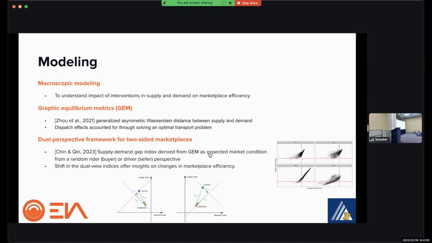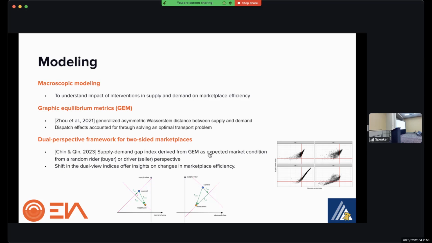So in here, the supply-demand gap index that's derived from GEM, we interpret as expected market conditions from the perspective of a random driver or a random rider. So that provides you a pair of perspectives or indices on the supply-demand gap, and the shift in that dual view of indices offers a lot of insights on changes in marketplace efficiency through a decomposition of the shift vector along a pair of orthogonal directions.